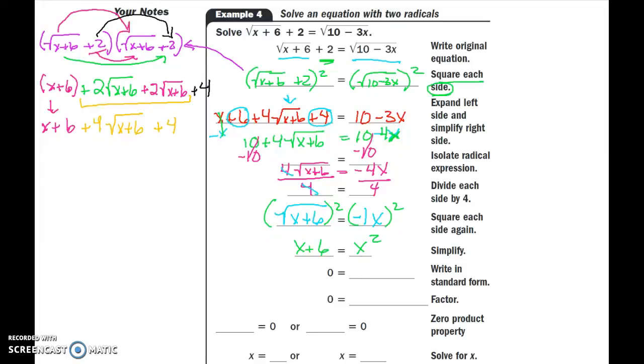I have a quadratic, so I'm going to subtract x and subtract 6 from both sides. So I've got x squared minus x minus 6. I'm going to factor that. X squared is x times x. What multiplies to be negative 6 and adds up to negative 1 should be negative 3 and positive 2.